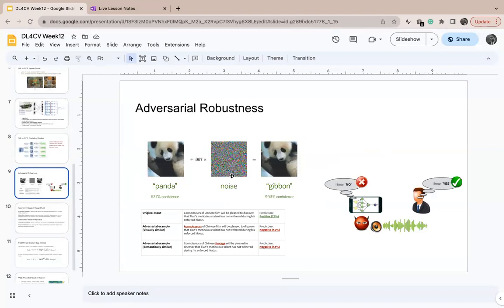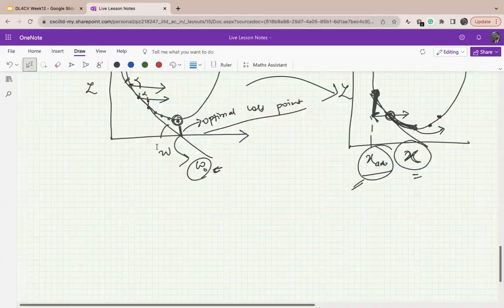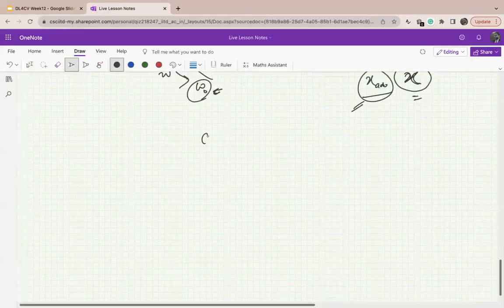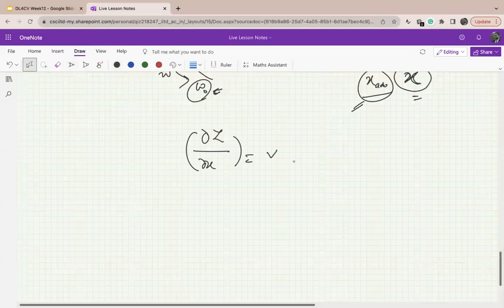So this is the noise. This noise is the sign of the gradient of the loss. So you take the gradient of the loss with respect to X. If I write it in simple terms, you're taking the derivative of loss with respect to X, and you'll get some value V. You take the sign of it.